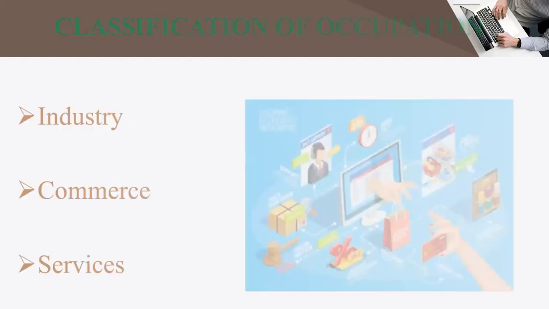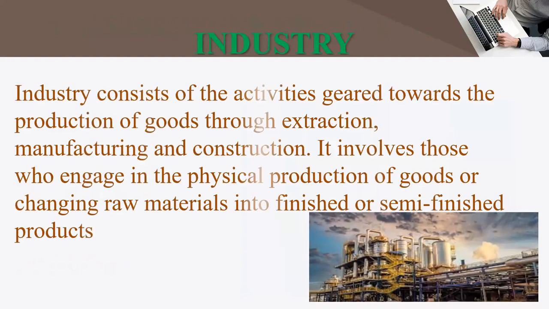So when we talk about industry, what do we mean? Industry is actually talking about all activities geared towards the production of goods and services, which could be either extraction, manufacturing, or construction.